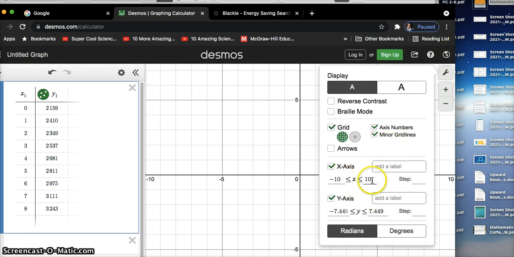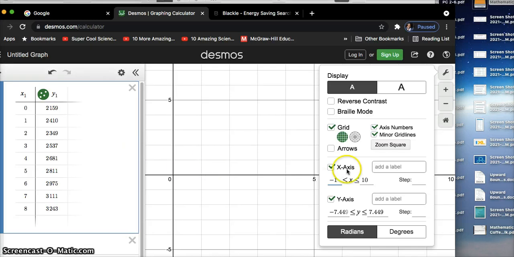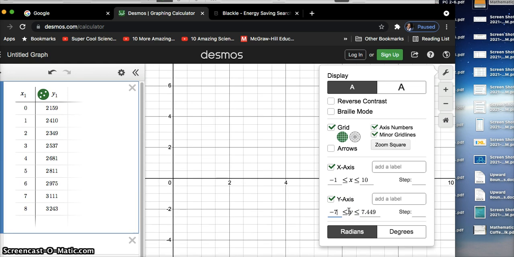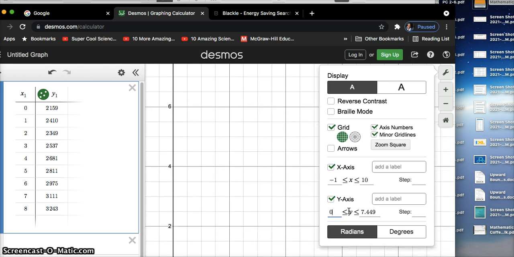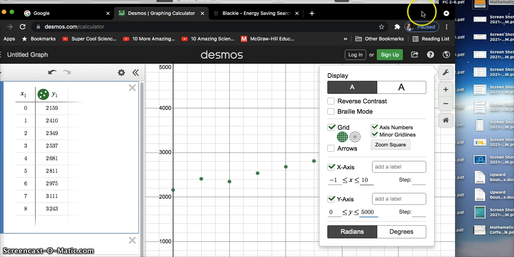My x values do go to 10, so 10 is a good place for me to end, but I definitely want to go back to about -1 so I can really focus on the positive portion of the x-axis. My y-axis does not need to go down to negative values. In fact, I can start at 0, but let me make sure I get all the way up to a positive 5,000, let's say. And that should show me my dots.